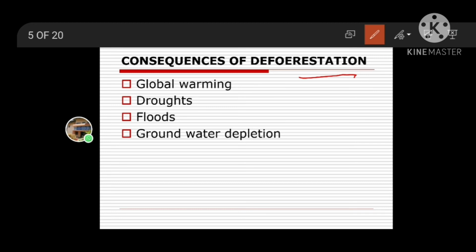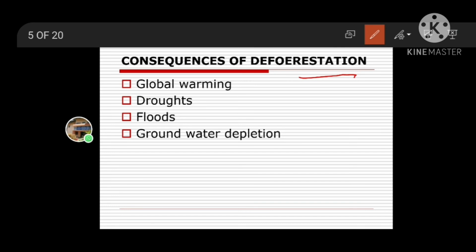Temperature rising is required for the survival of the animals on the earth, survival of the plants on the earth. Some amount of warmth is required on the earth. That is limited amount. But if it is crossing the limit, that is carbon dioxide percentage is 0.03% on the earth.